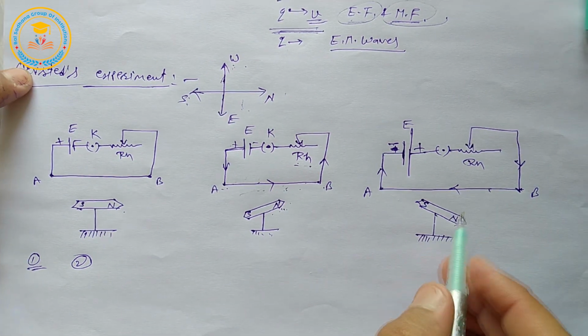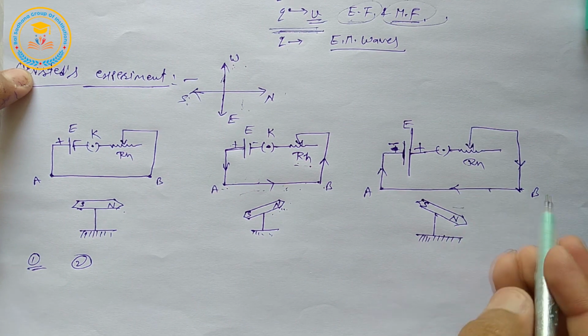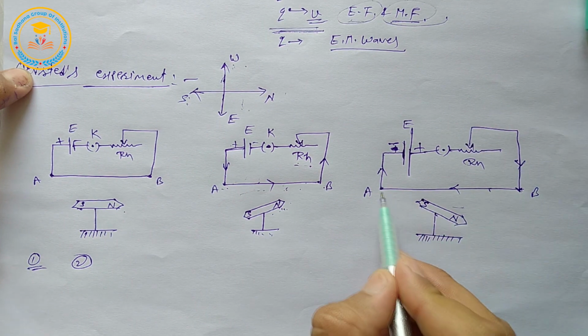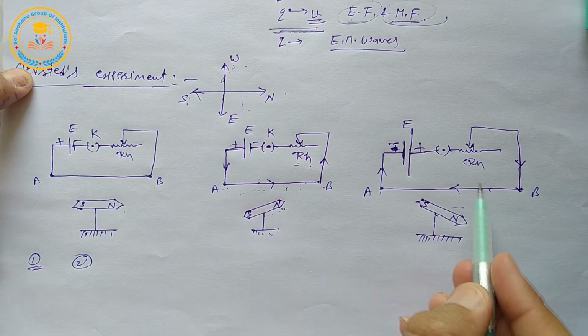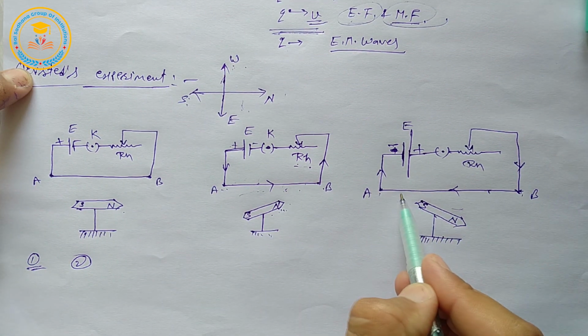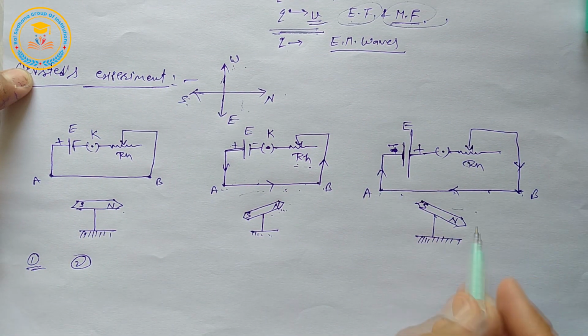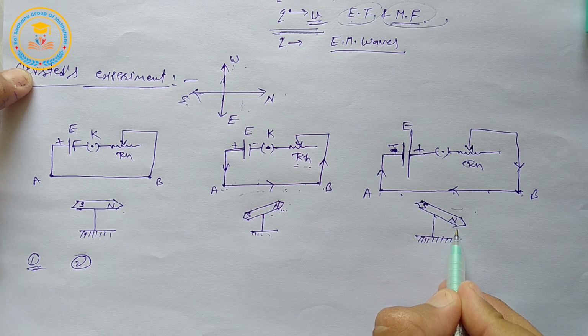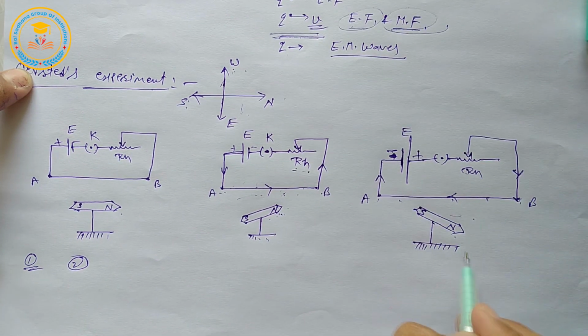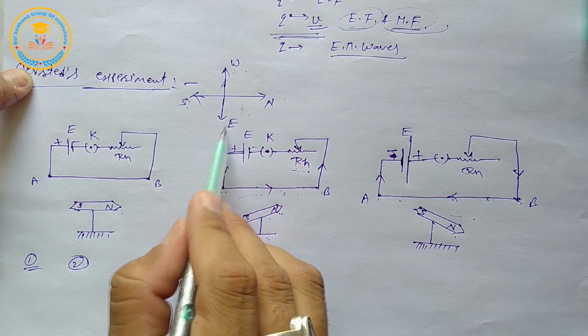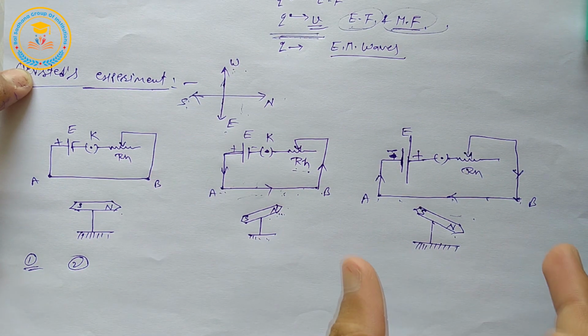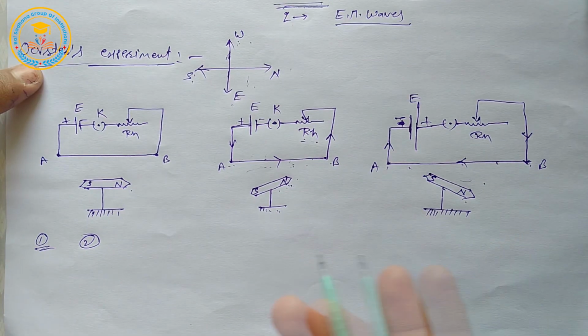Okay, and if the direction of current is from north to south, then in this condition the north pole of this needle is deflected towards the east direction. Okay, this is another conclusion.